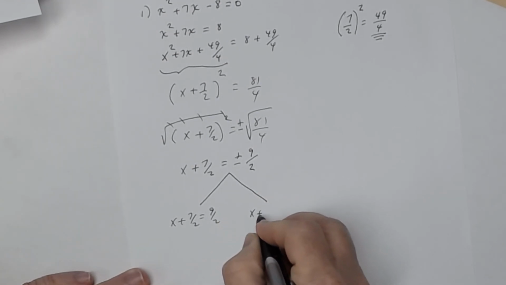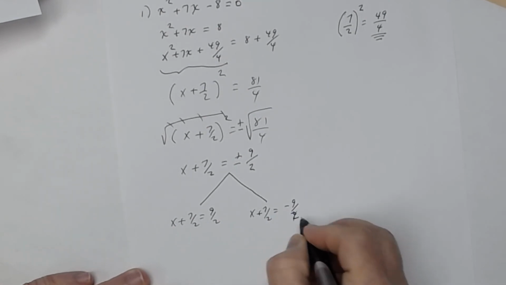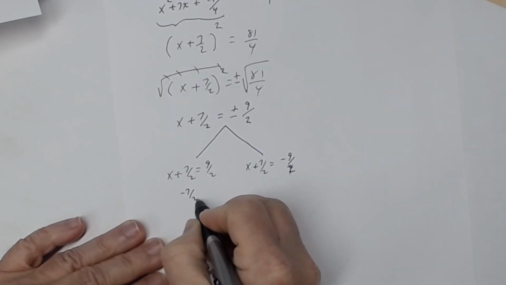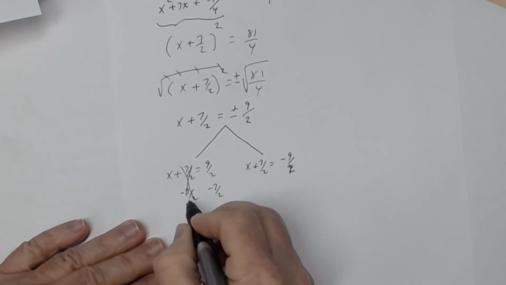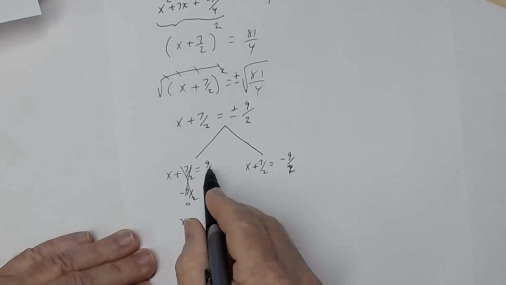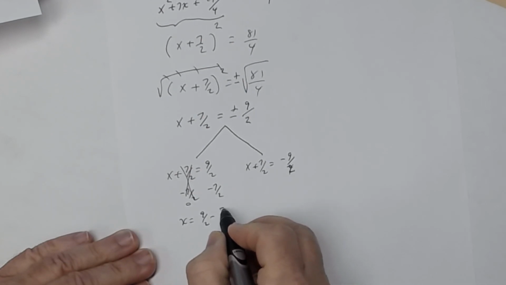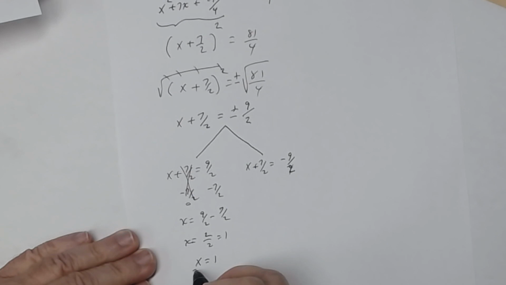And the other one is x plus 7 halves equals a negative 9 halves. Then you're going to get x by itself, so you subtract 7 halves from both sides. Combining like terms, 7 halves and a negative 7 halves is 0. You get x equals 9 halves minus 7 halves. Well, 9 minus 7 is 2, so that's 2 halves, which is 1. So one of your solutions is x equals 1.